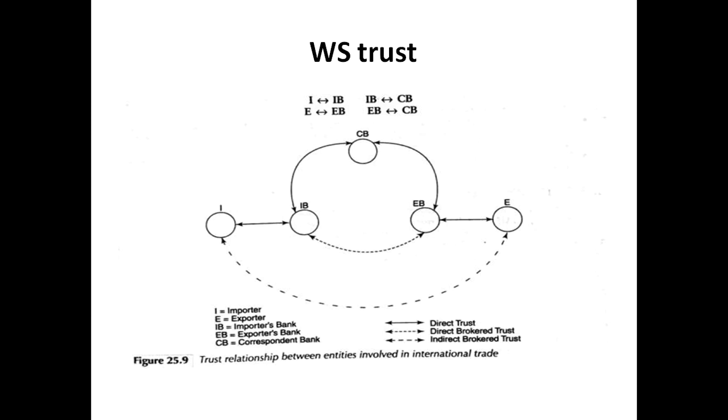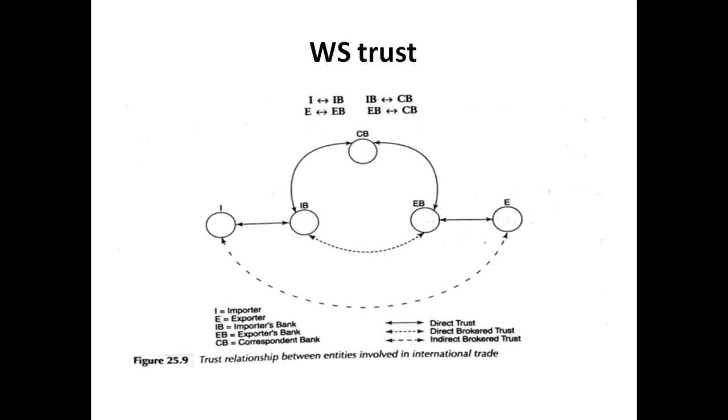So now consider an example. Here I is an importer who wishes to import goods from an exporter E. I is an importer, E is an exporter in another country. I and E are not known to each other and so need to establish a trust relationship with each other.